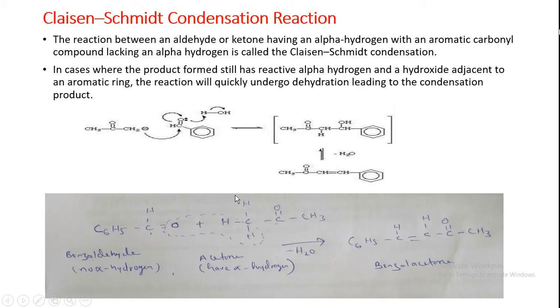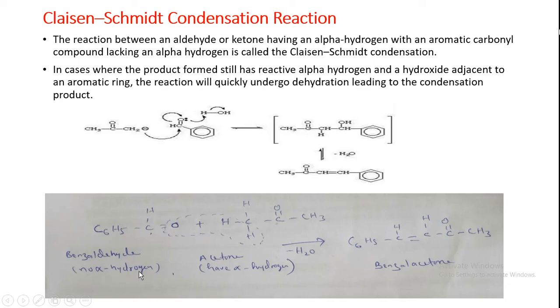Let us see the same reaction again. This is CH3COCH3, that means acetone, and it has alpha hydrogens, these hydrogens and these three hydrogens are alpha hydrogens. But in the case of benzaldehyde, an aromatic carbonyl compound, there is no alpha hydrogen, because the carbon next to the carbonyl carbon does not have any alpha hydrogen.